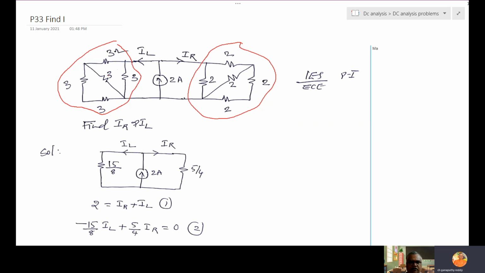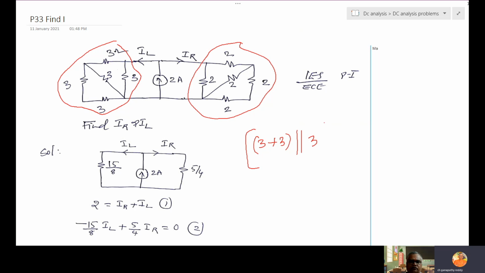6 parallel with 3. That is in series with 3. That is parallel with 6. So 3 plus 3 is parallel with 3.